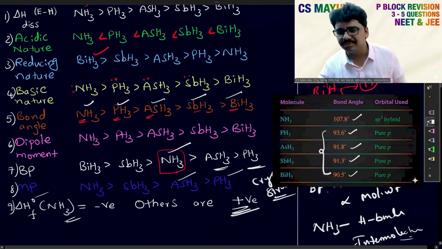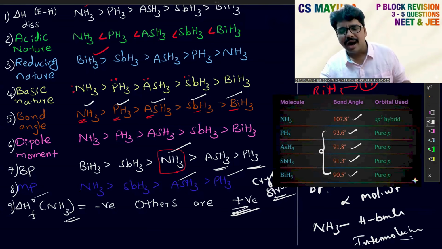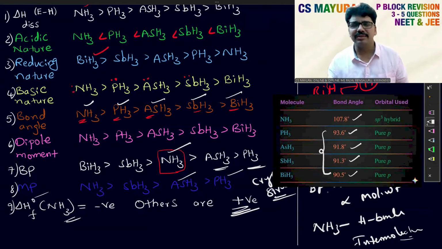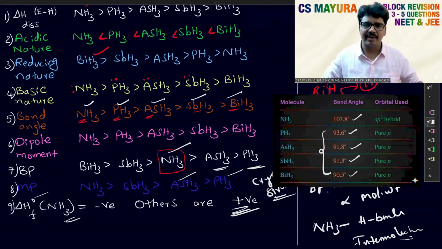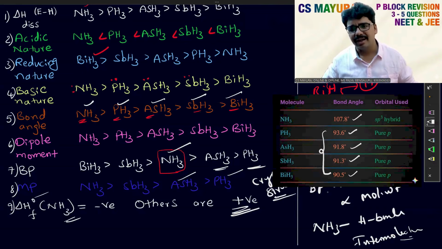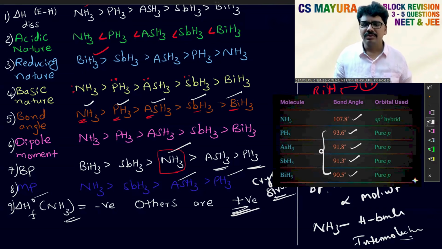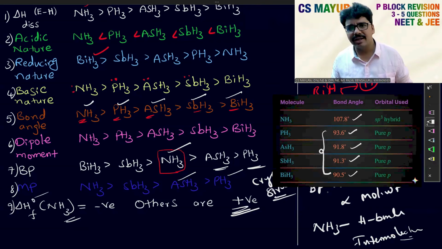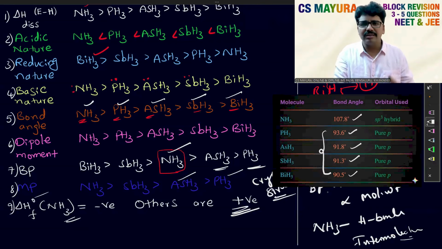The reason is, in phosphine, arsine, stibine, and bismuthine, the large atomic size of their central atom. What are the central atoms? Phosphorus is the central atom in PH3, arsenic in AsH3, antimony in SbH3, and bismuth in bismuthine. So all these central atoms are large in size.